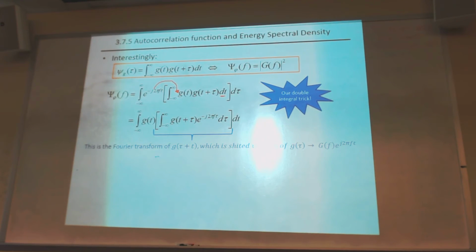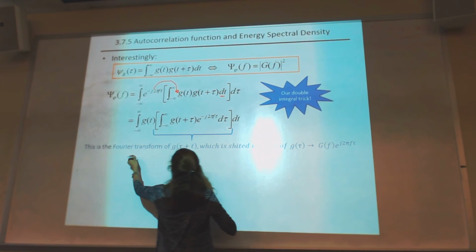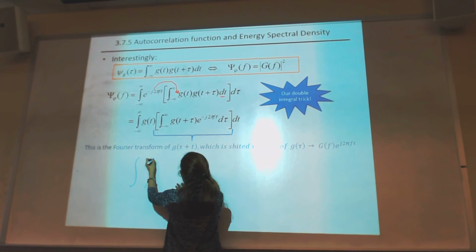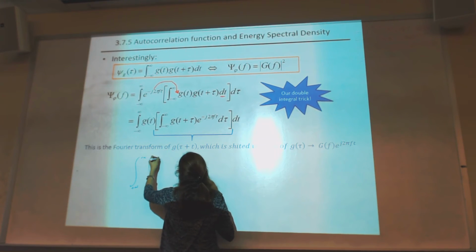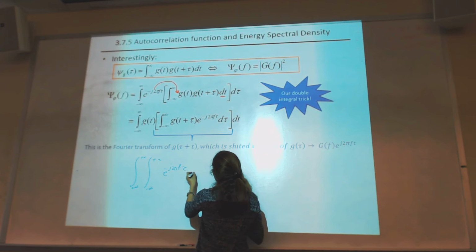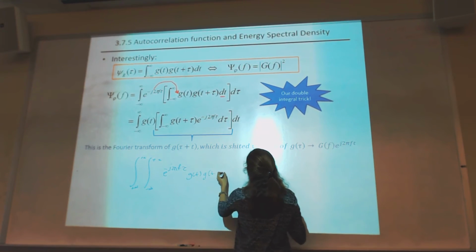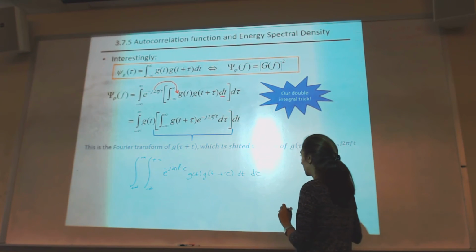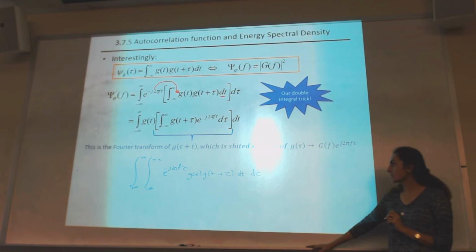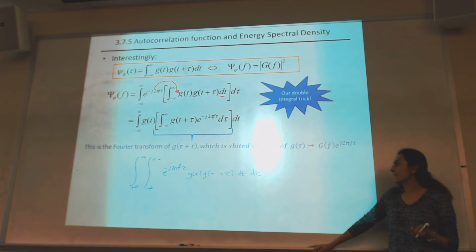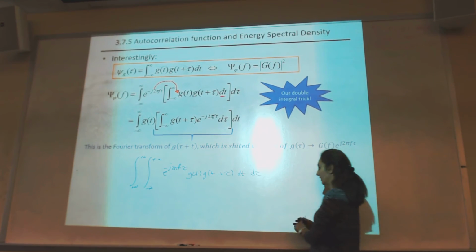So what I have now is that I keep that exponential term inside, so I have two integrals: e^(-j 2 pi f tau), g(t + tau), e(t). Now anybody tell me what's next? What's the second step of the trick? Yeah, you switch the integrals, with respect to tau.